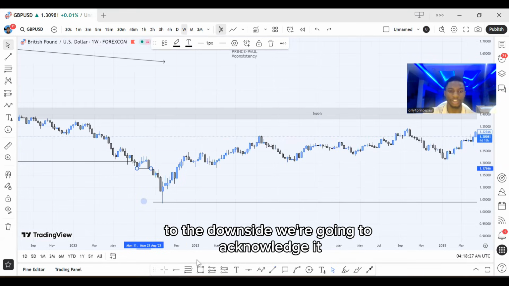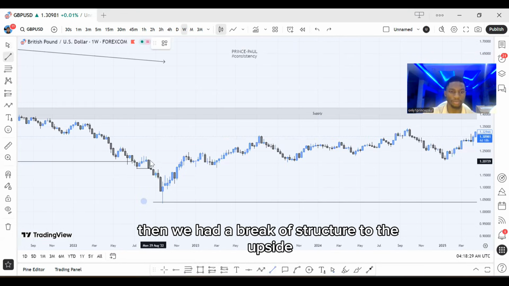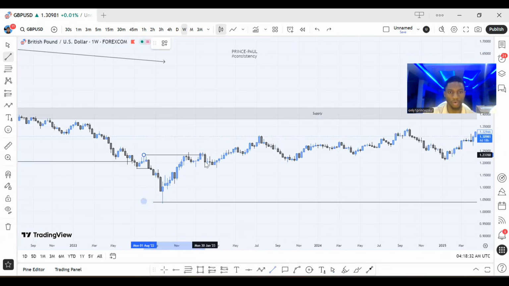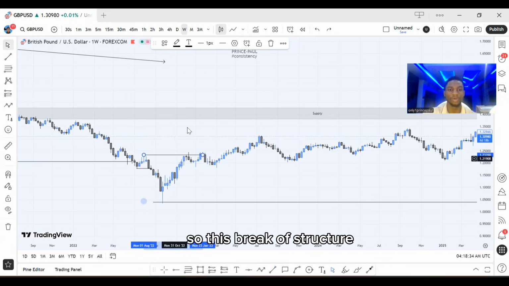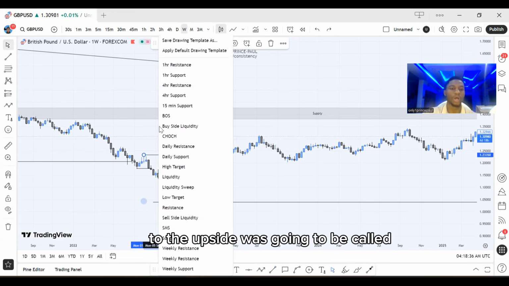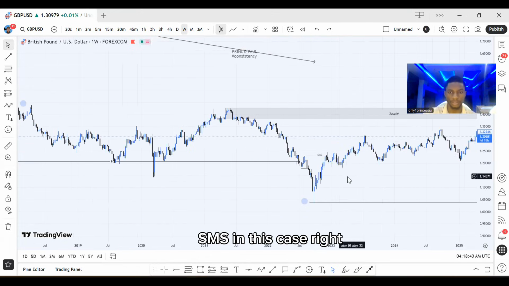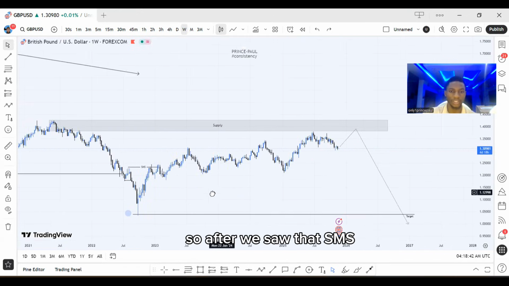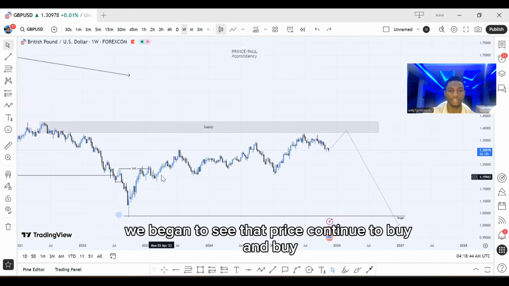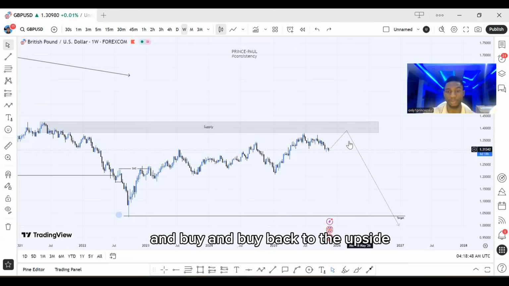We're going to acknowledge it. Then we had the break of structure to the upside right over here, right? So this break of structure to the upside is going to be called our shift of market structure, SMS in this case, right? So after we saw that SMS, we began to see that price continue to buy and buy back to the upside.